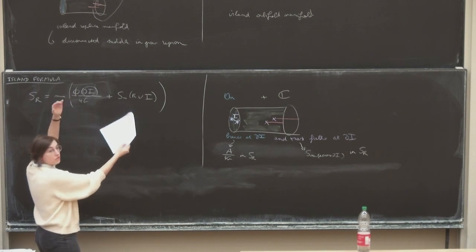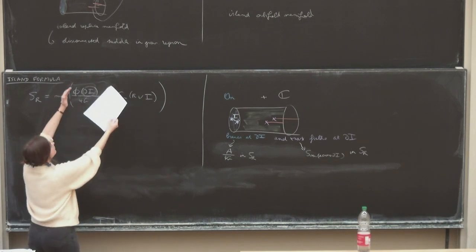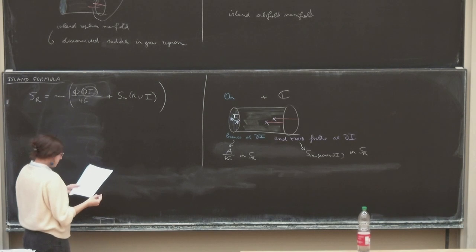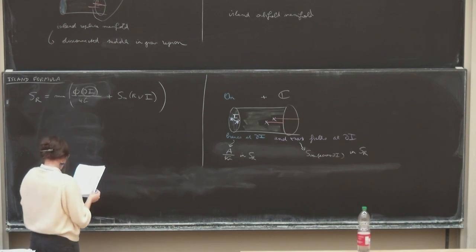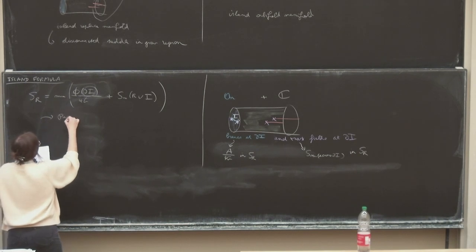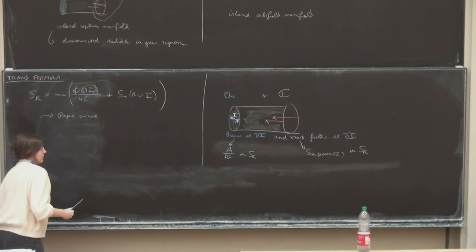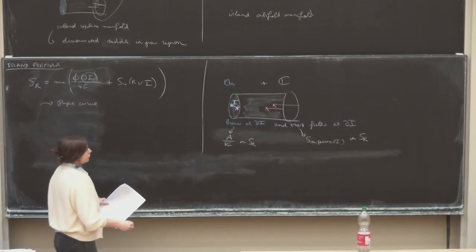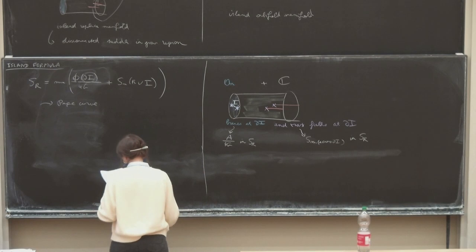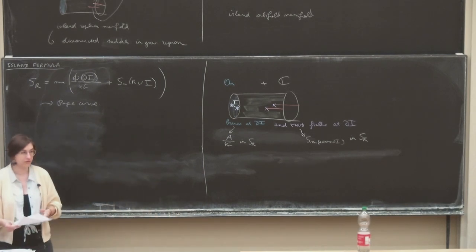So this is the QES rather than the original RT prescription where you only minimize this part. Okay, and it's this island formula that was shown to give rise to a Page curve in this setup, and therefore solve that version of the black hole information paradox.